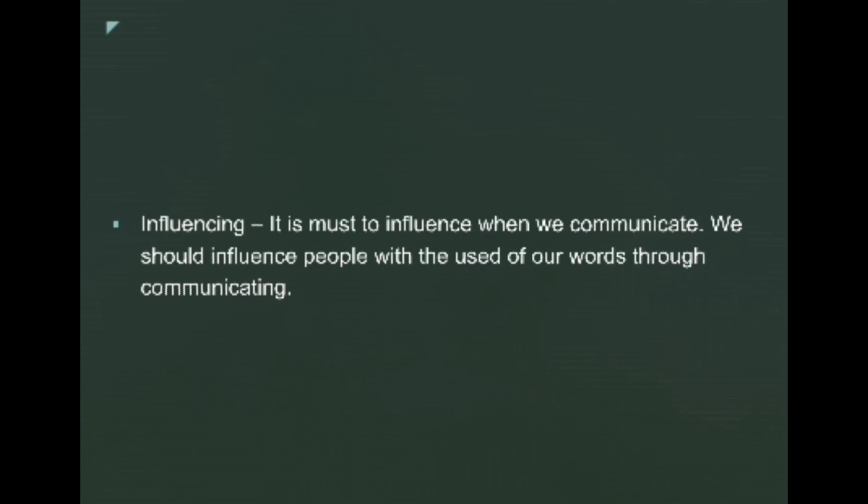We should influence people with the use of our words through communicating. Say for example, I have a friend Jake and he likes my voice, and I'll be giving him some tips on how I am able to do the way I sing.